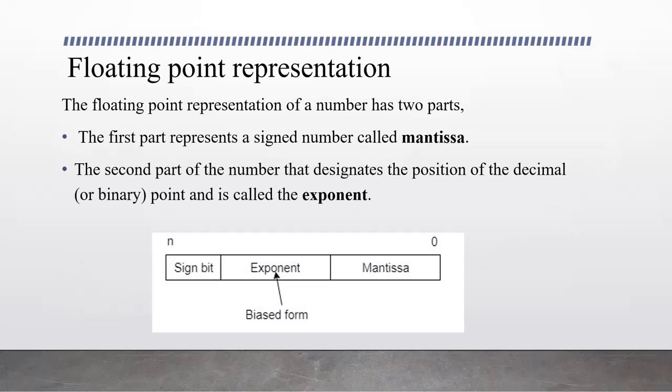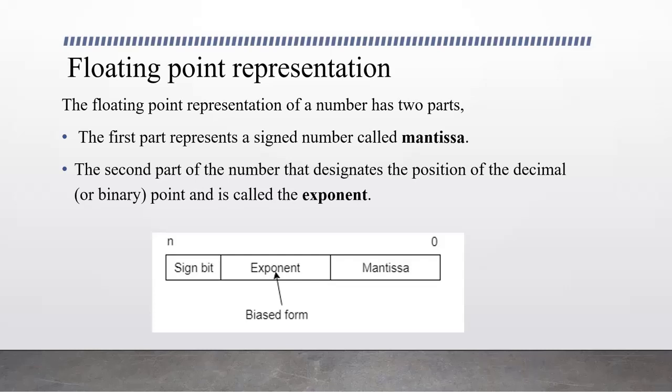The floating point representation of a number has two parts. The first part represents the signed number called mantissa, and the second part of the number represents the position of the decimal point, and it is called exponent. These floating point numbers do not reserve a specific number of bits for the exponent or mantissa.